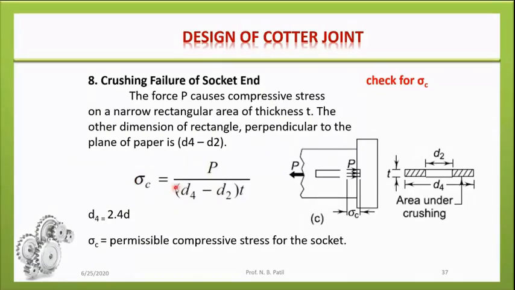But in a general design procedure, in a problem where you need to find all the dimensions of the cotter joint, you take D4 equal to 2.4 into D and cross check it against sigma C. So this is an important point to understand. Is there any problem over here?